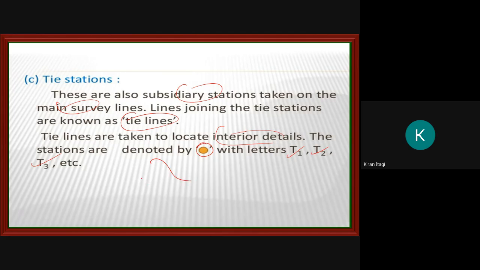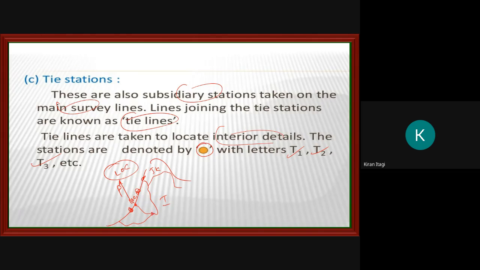India, Pakistan, India, main stations, LOC. Here you can see Punjab, here you can see Gujarat, and here you can see Jammu Kashmir. So these are the main stations. These are the LOC, nothing but the main survey lines.